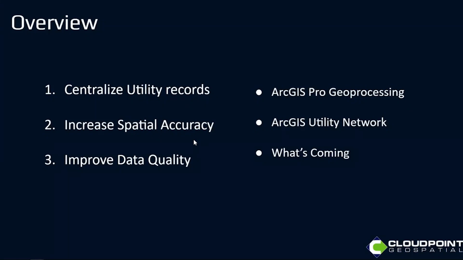And then also data quality, attribute information, and how to best improve that. Then we'll follow that up with a brief demo in ArcGIS Pro. I'm going to give you some geoprocessing tips on cleaning up your utility data. And then we'll touch lastly on the utility network. We won't get too deep into that. We'll just make some comments on that and then a couple items on what's coming down the pipeline.